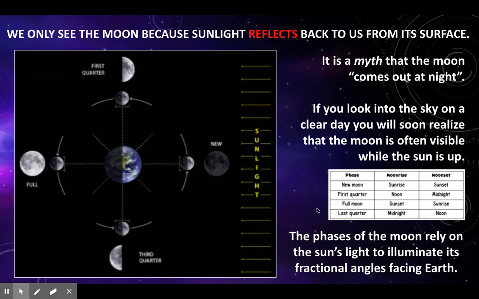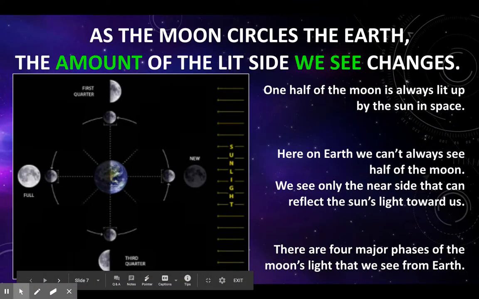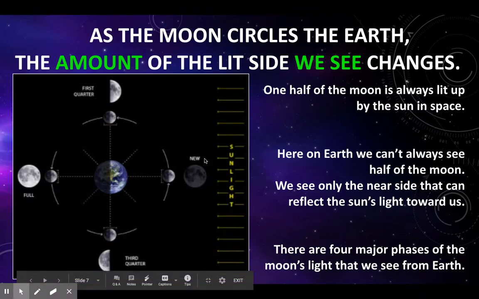The phases of the moon rely on the sun's reflections to illuminate its fractional angles facing Earth. As the moon circles the Earth, the amount of the lit side we see changes. And we have been experiencing this the last month. One half of the moon is always lit up by the sun in space.